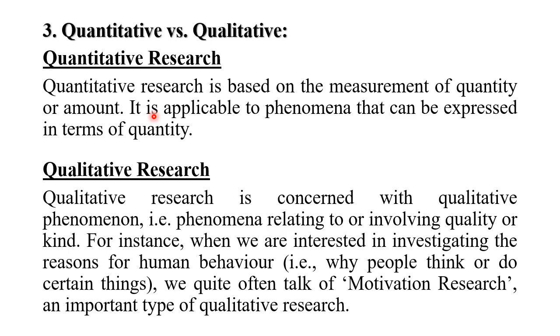We can find an income bracket for somebody. So it means that we can measure these variables. So in quantitative research, we normally look at relationships between variables that can be measured, using statistical tools to find out the relationships between these variables.